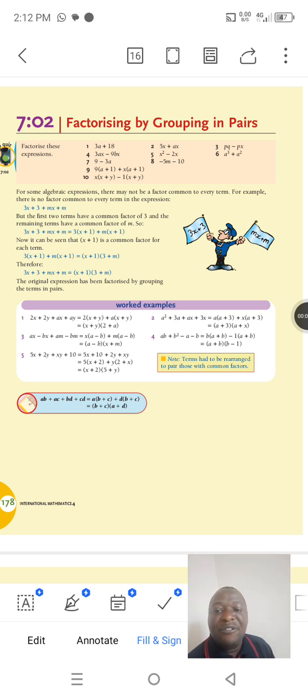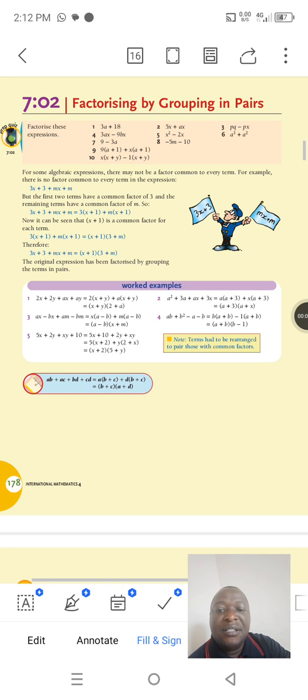So we factorize 2 for the first pair, and the expression becomes 2 into x plus y. Then for the second pair, we factorize a, and the expression becomes a into x plus y.